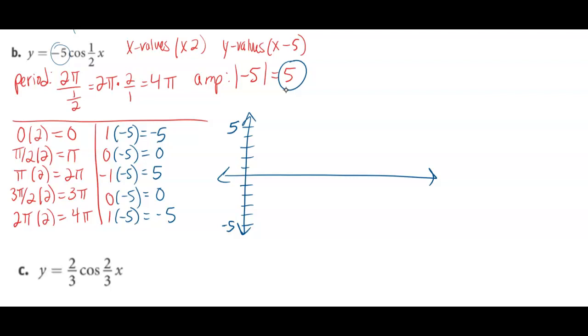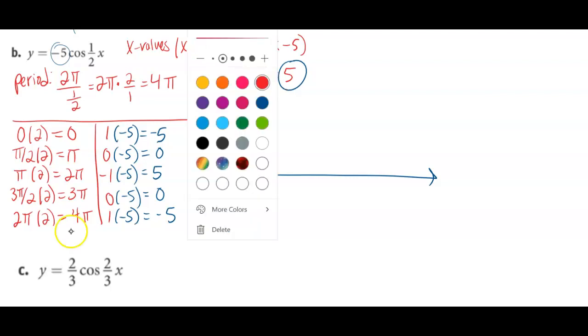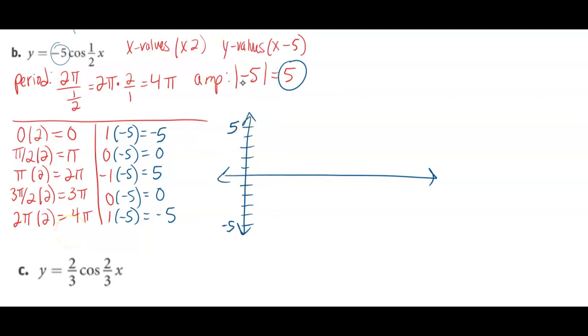And then that period is telling me those x values, what to scale my x's by. So we got pi, 2 pi, 3 pi, 4 pi.